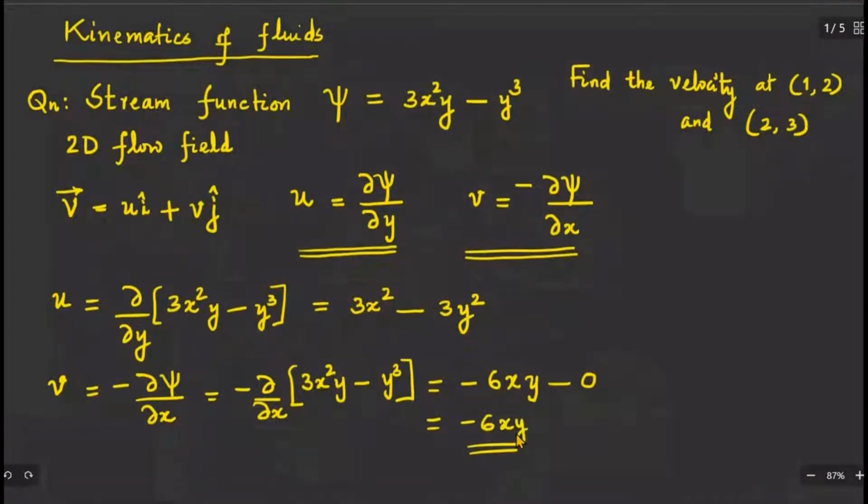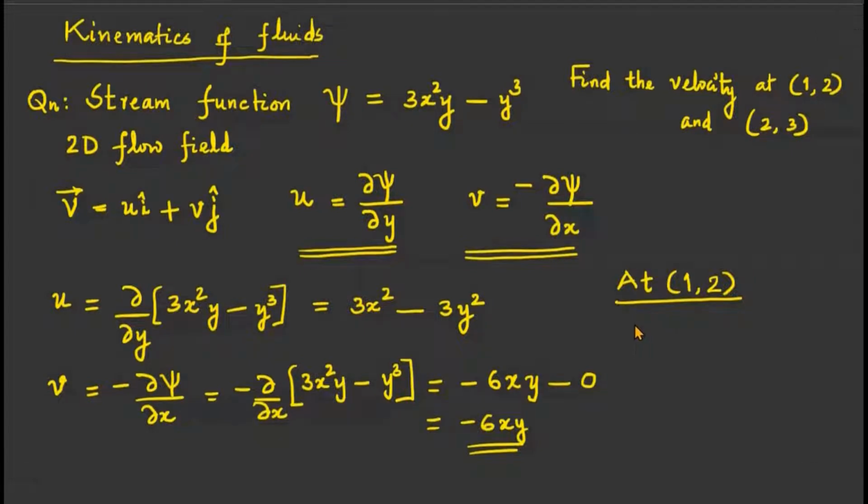Okay. So now at the point, we will try to find out the first case, at the point 1, 2. Now we have to find out both components, u and v, and then find the resultant velocity.